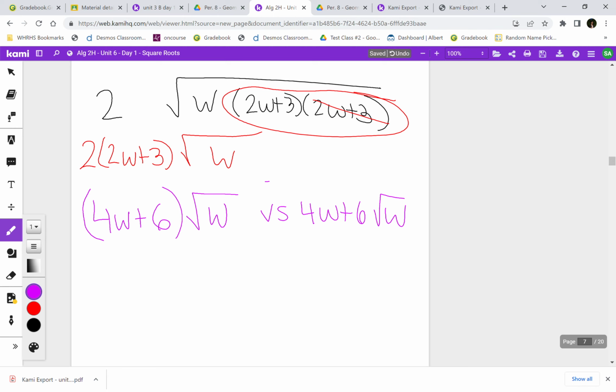Because the root of W is going to the entire expression. Exactly. This root W is getting multiplied by this whole binomial, which means this is really 4W root W plus 6 root W. Do you see that? Where in this one, it's only showing that the 6 is being multiplied with the root W. Do we see the difference? Right. So if it's a binomial that we pull out, we need to put it in parentheses.